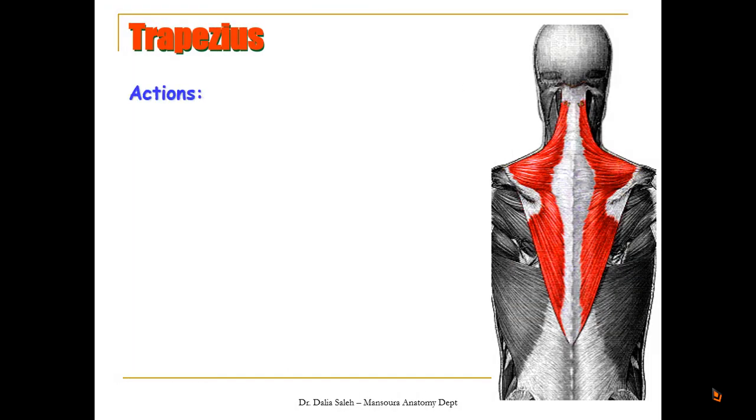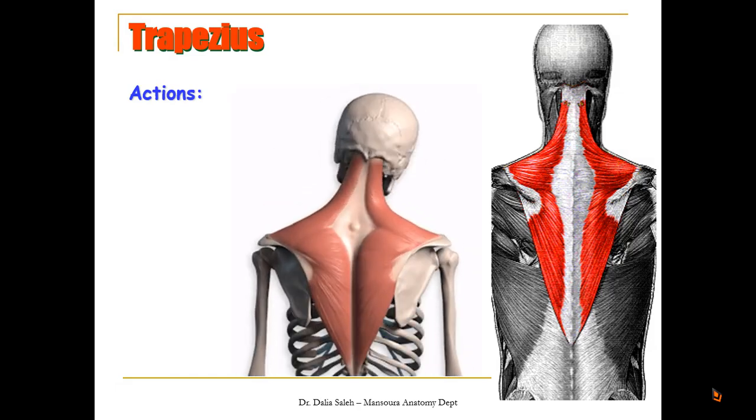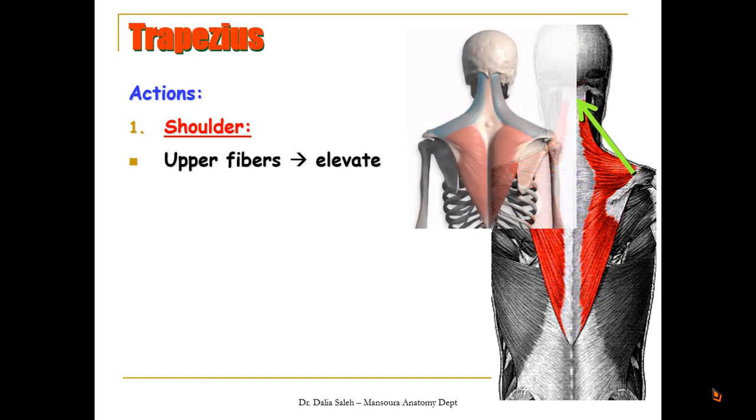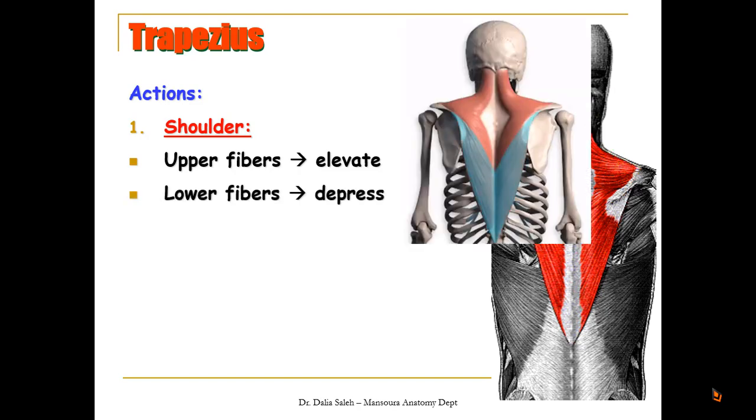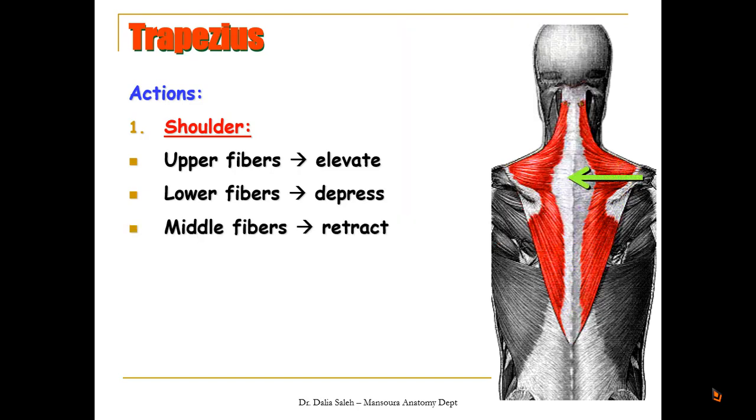For the actions of the trapezius, this muscle acts both on the shoulders and on the head. For the shoulders, it has upper, middle, and lower fibers. The upper fibers elevate the shoulder, as in shrugging, while the lower fibers depress it or return it to its resting position, and the middle fibers retract the shoulder.